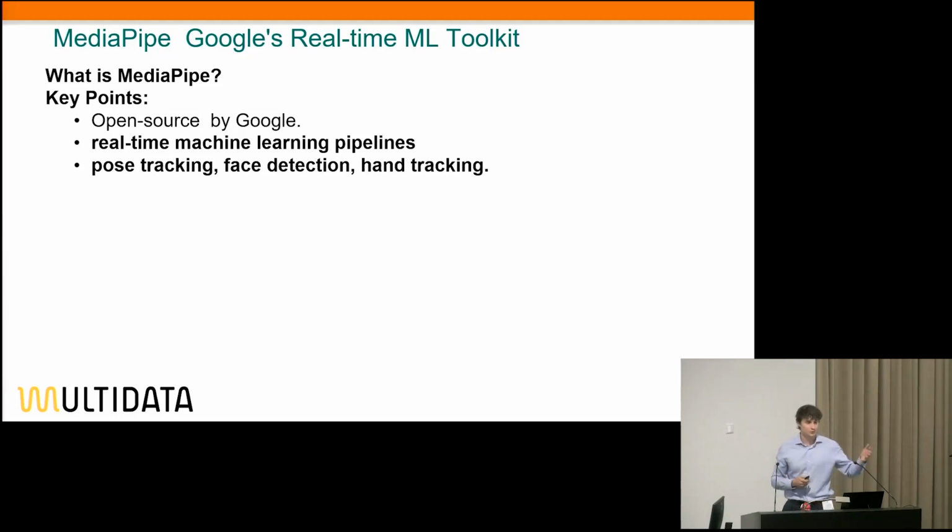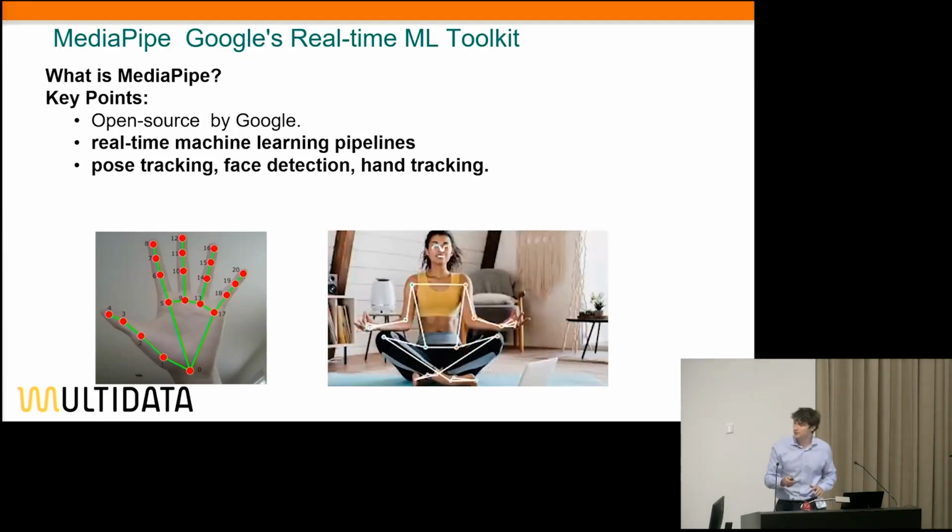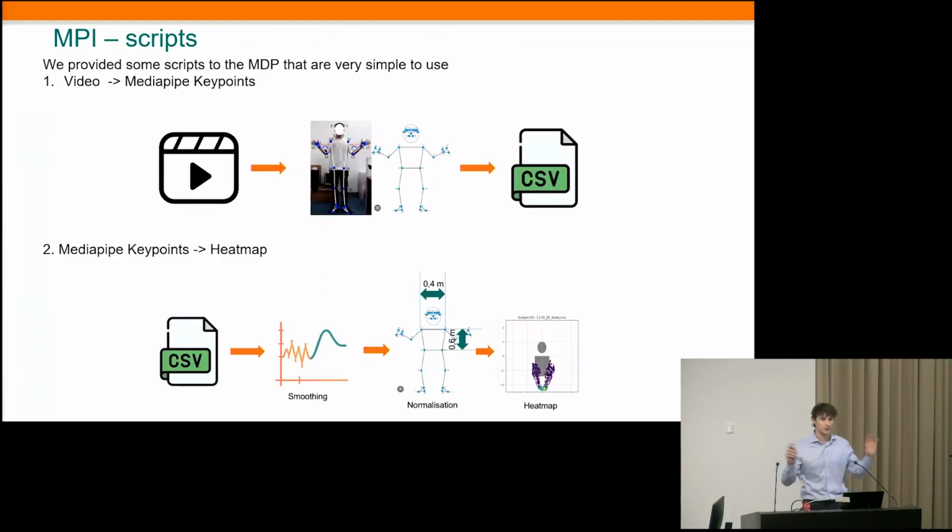But also, maybe to make Peter happy, this is in Python, maybe for all the R haters out there. What it's actually doing is it puts a key point on every joint we have, for the hand, for the body.